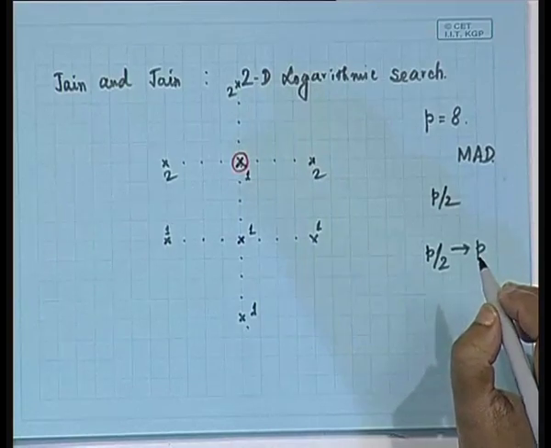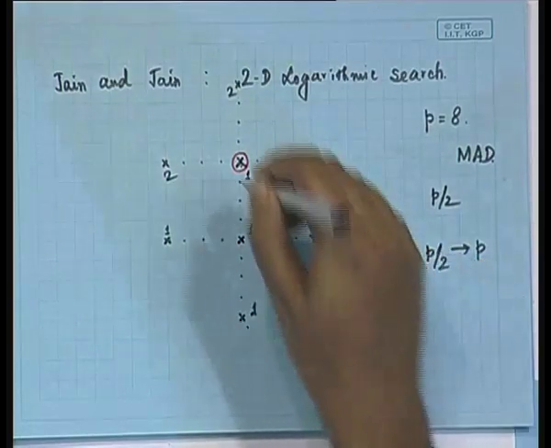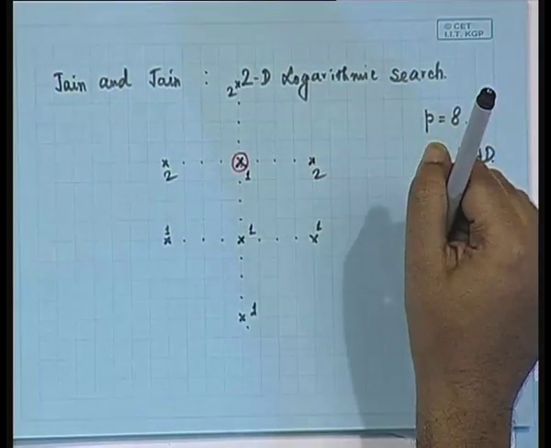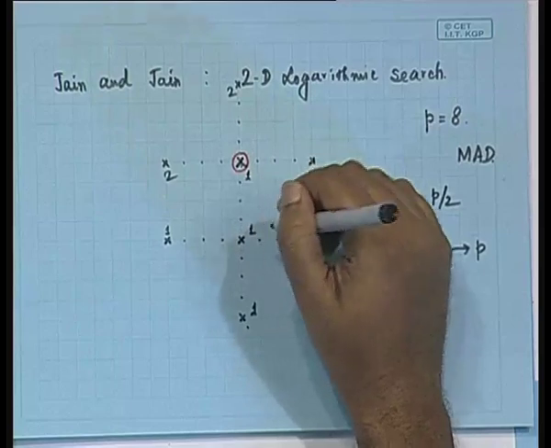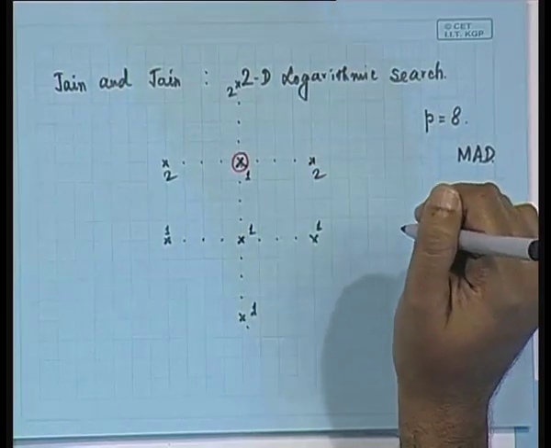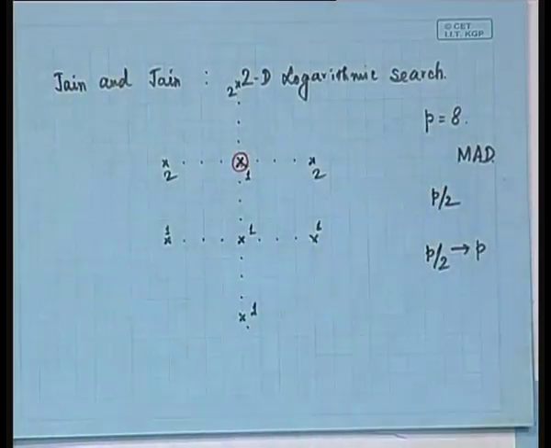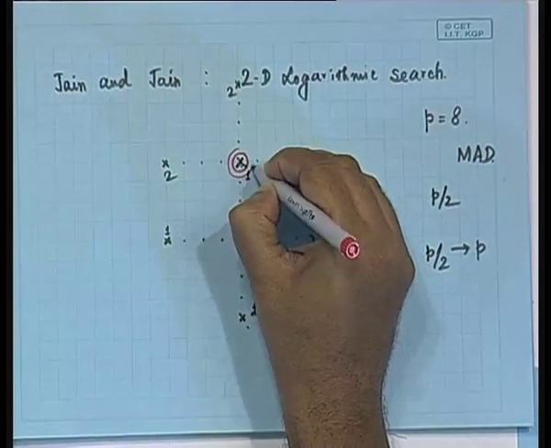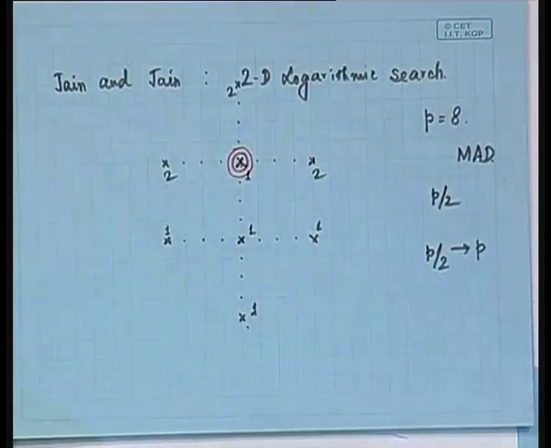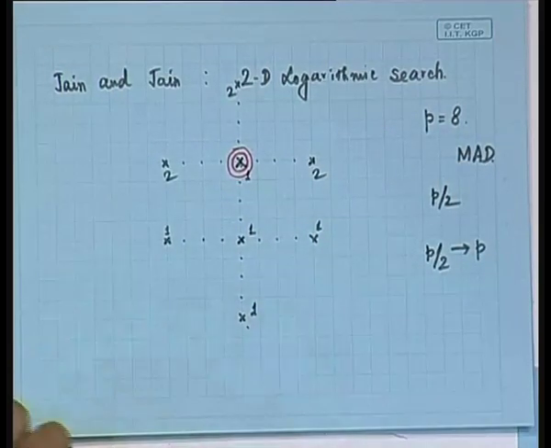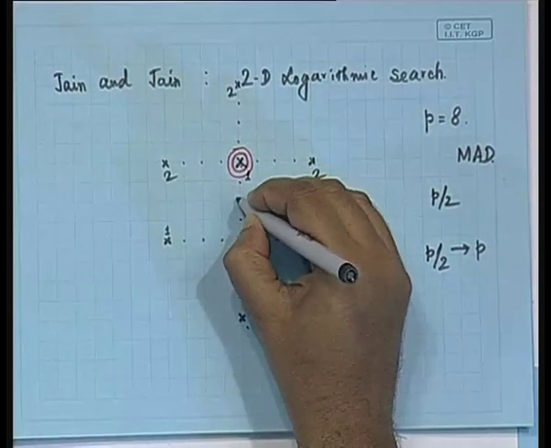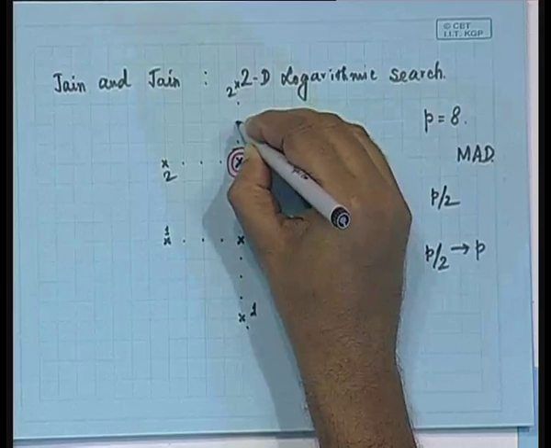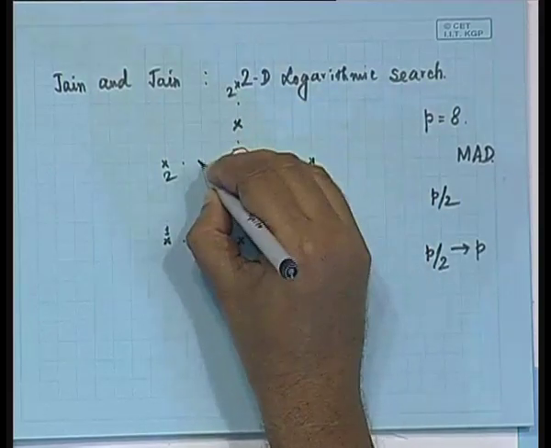So, that means our search step size, instead of being 4 over here, we make it 2. Which means that if this is the second minimum position, then for the third search we will be using this one, this one, this one and this one.